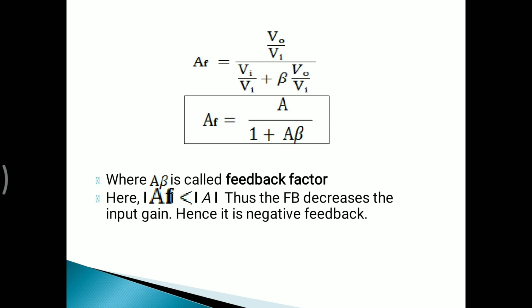Here the modulus of the gain with feedback, AF, is less than the gain of the amplifier A, so the gain of the output will be decreased by the feedback. That's why the feedback decreases the input signal. Hence, when it decreases the gain of the amplifier, it is called negative feedback.